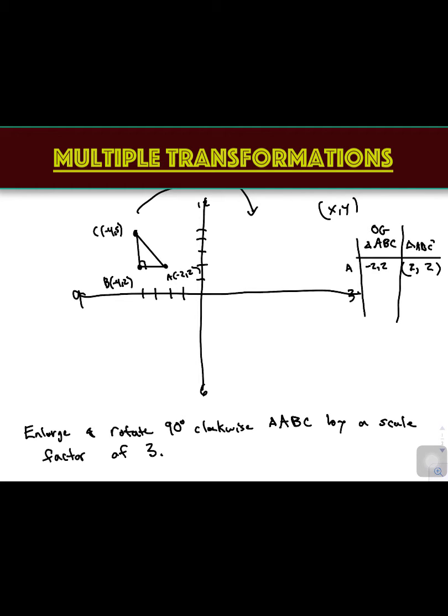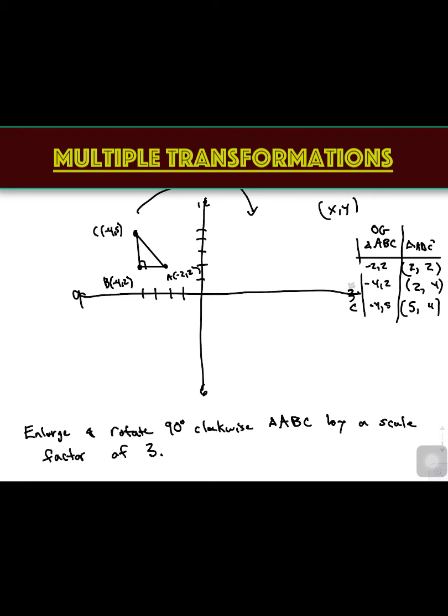So we're actually at 2, 2. For B, we have -4, 2. Flip, make sure they're both positive. So we're going to be at 2, 4. And for C, currently at -4, 5, we're going to flip and make sure they're both positive: 5, 4.